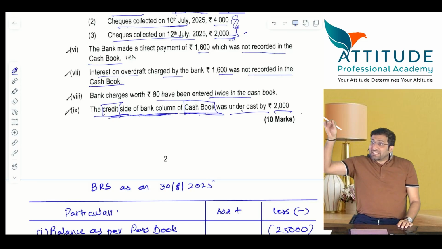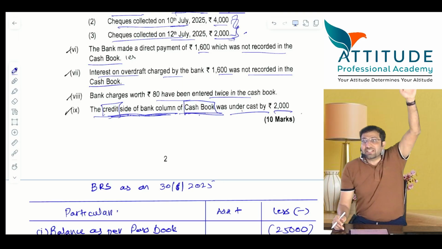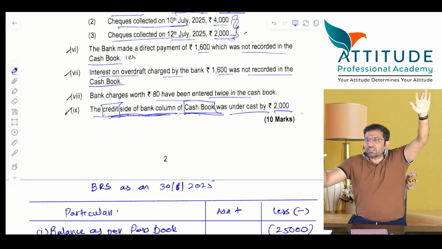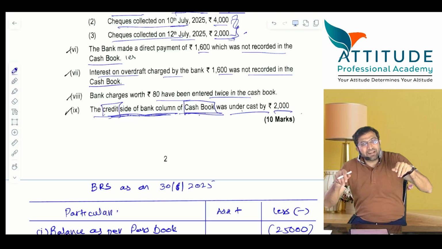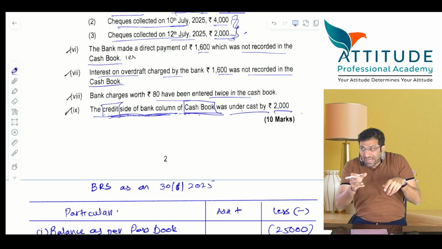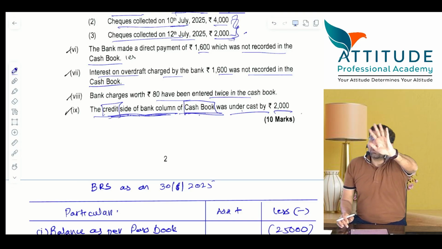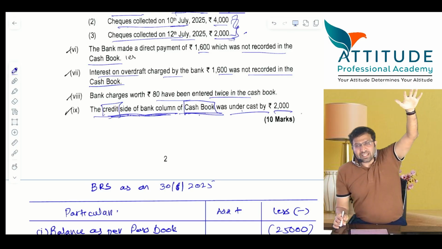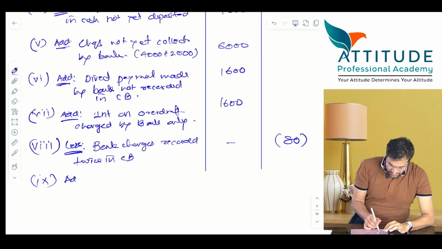So if payment is less by 2000 in your cash book balance is low or cash book balance is high? Cash book balance is high. अरे पेमेंट कम दिखा रहे हो तो वो बैलेंस ज़्यादा दिखाएगा ना. So tell me, where the balance is high? Cash book the balance is high. Passbook the balance is low. Add. Add means it will get deducted only.